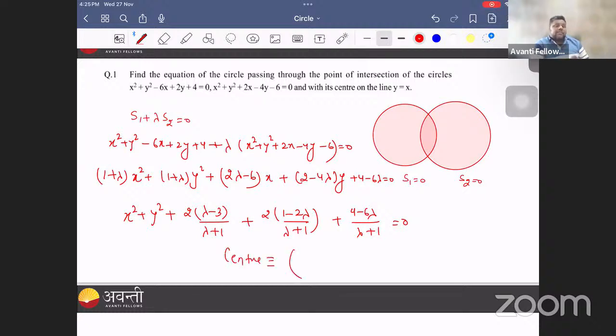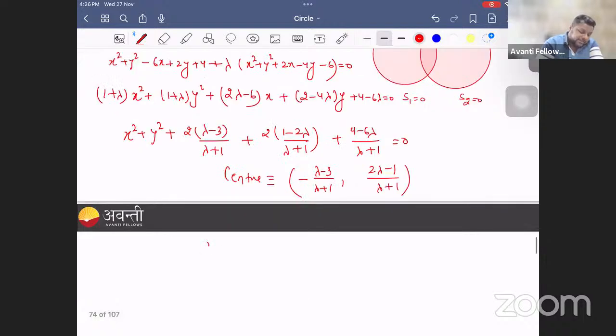The center will be negative of half the coefficient of x, minus g, and negative of half the coefficient of y, minus f. So it is minus (lambda minus 3) upon (lambda plus 1), and (2 lambda minus 1) upon (lambda plus 1). Negative I already adjusted.